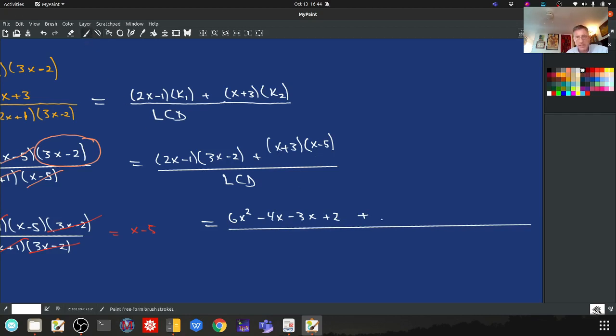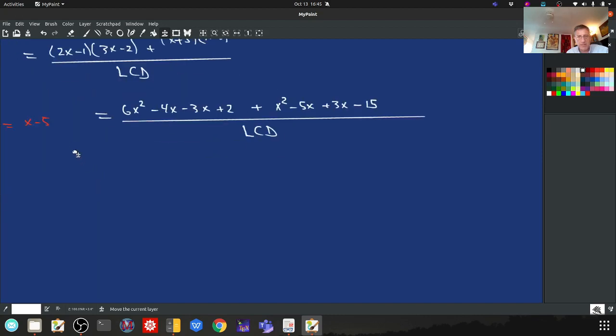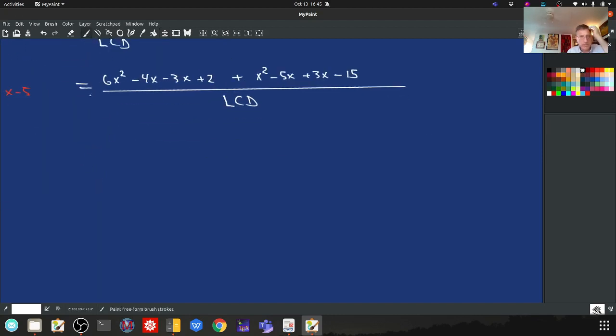X times x is x squared. X times minus 5 is minus 5x. 3 times x is 3x. And 3 times minus 5 is minus 15. I'm still not ready to write that LCD down there, because there's going to be a lot of simplification. So let's simplify.